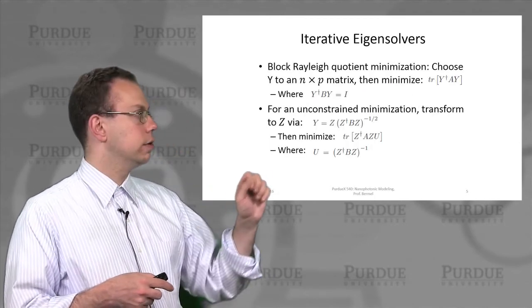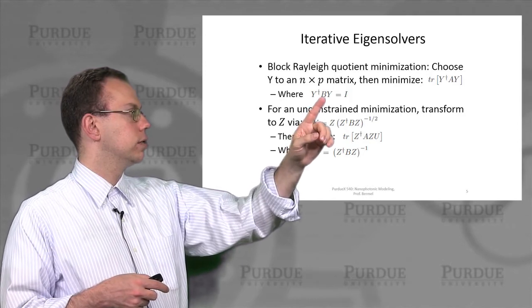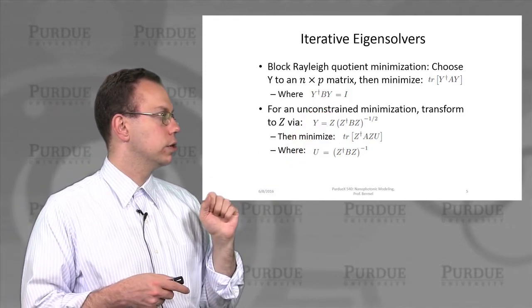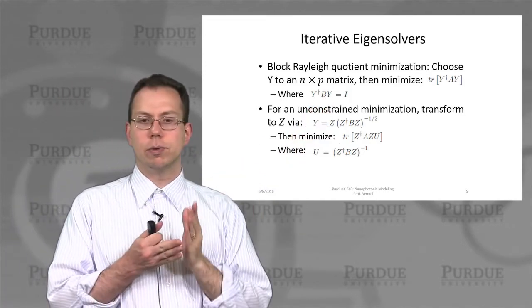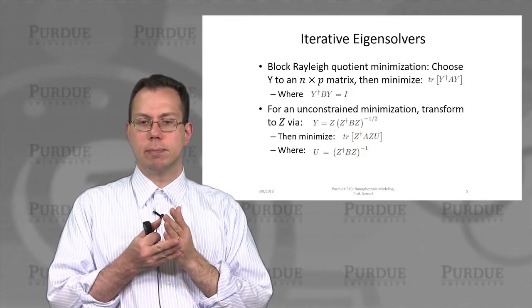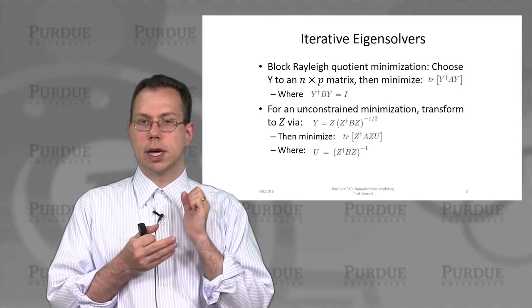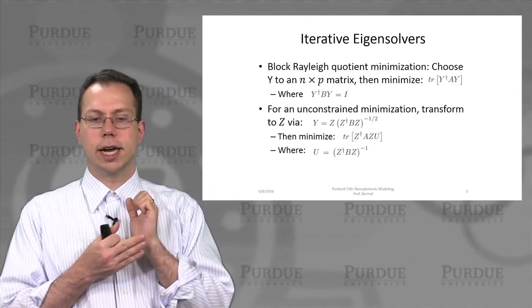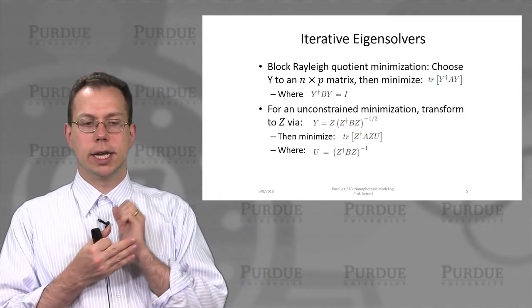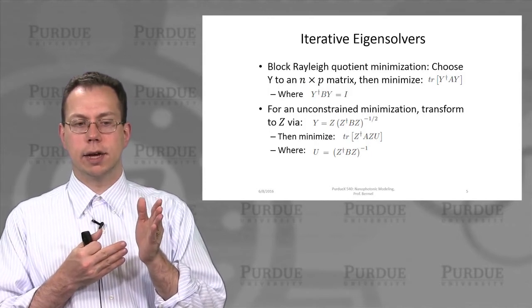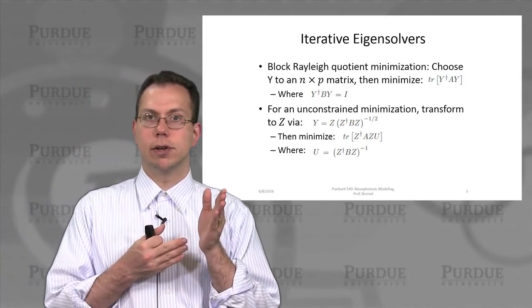Here we've written out some of the equations for Bloch-Rayleigh quotient minimization. We choose y in an n by p matrix, and then we minimize the trace of y dagger A y, subject to the constraint that y dagger B y is equal to 1.